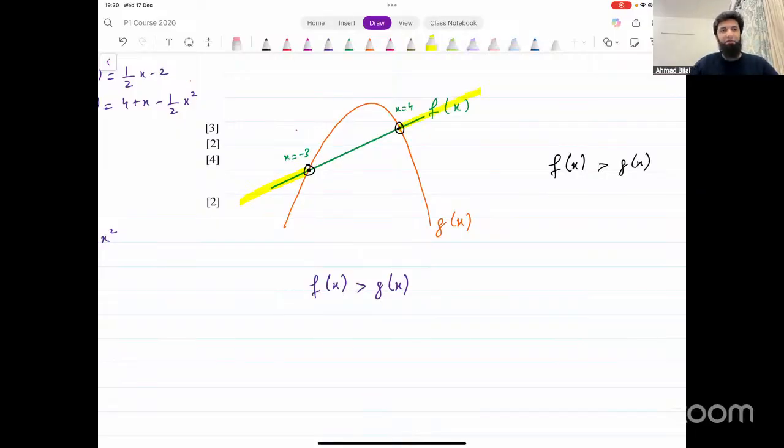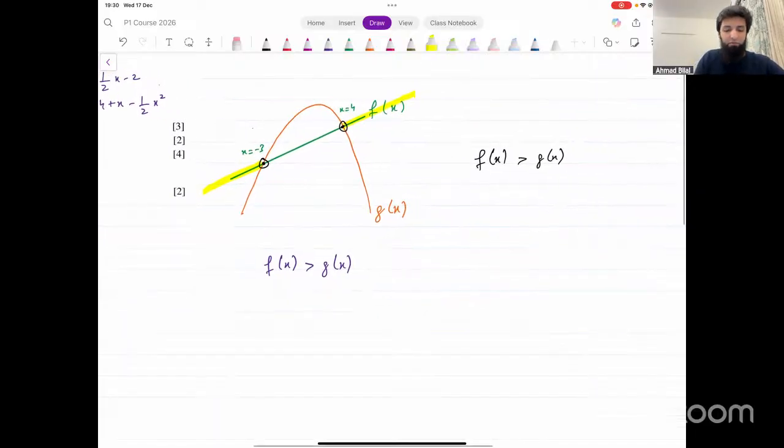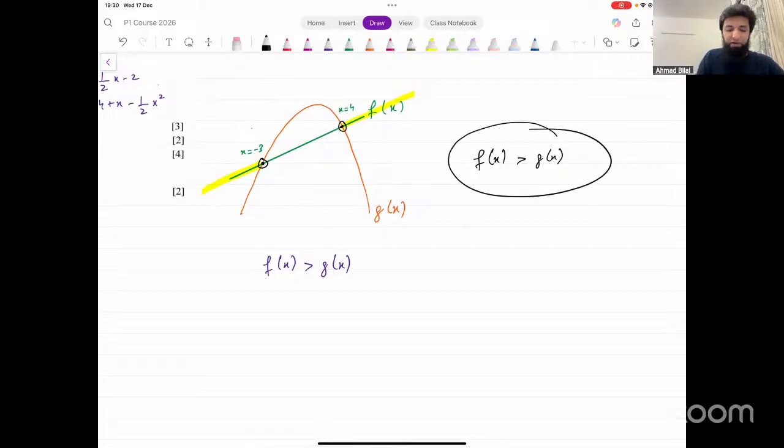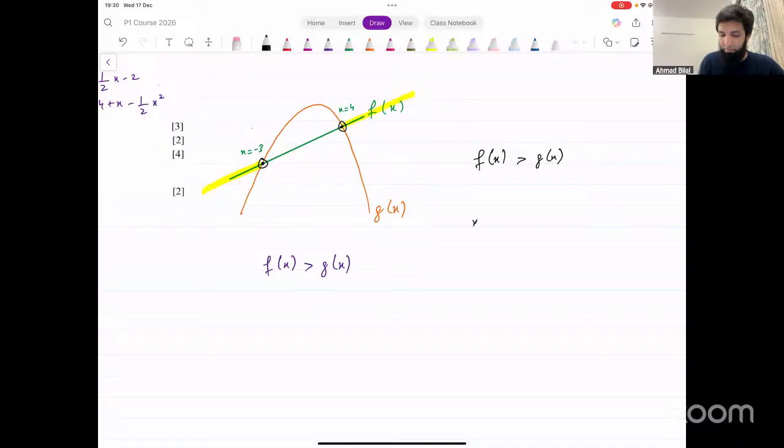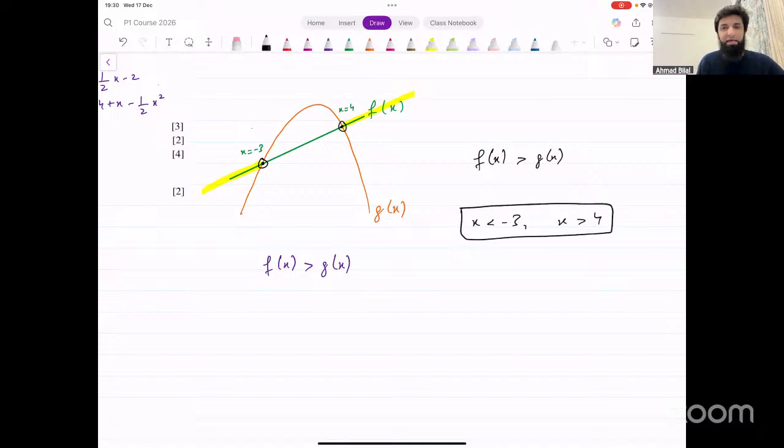That is where the f of x graph is above the g of x graph. So what will be the values of x that satisfy this inequality? It will be x less than negative 3 or x greater than 4, to the left of negative 3 or to the right of 4. This will be the solution that we get from this.